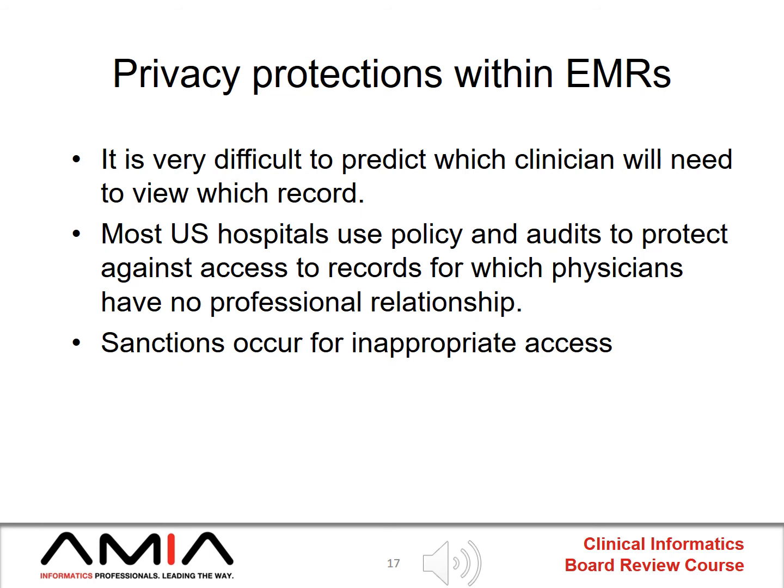So as a result, most hospitals use a policy that governs appropriate access and then perform audits to protect against access to records for which physicians have no professional relationship. That's a rule of thumb that most institutions follow. Along with that are sanctions for inappropriate access. So this, in a way, could be viewed as a permissive policy, but with consequences for abuse if the policies are not followed.